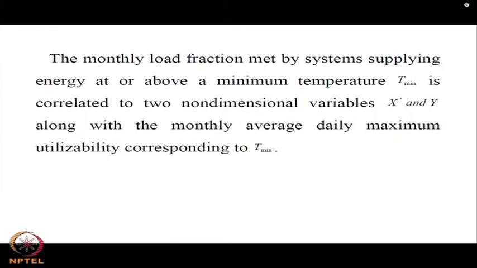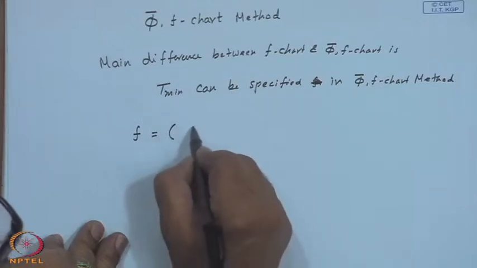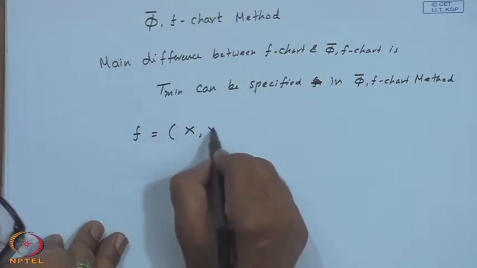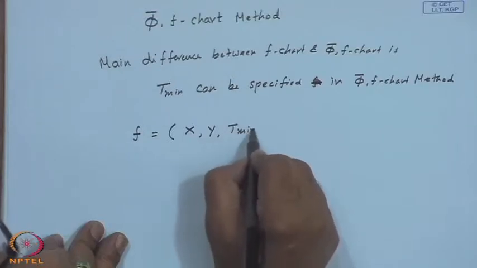So, now monthly load fraction somehow should be similar to my x, y, and somehow I have to relate to T minimum.